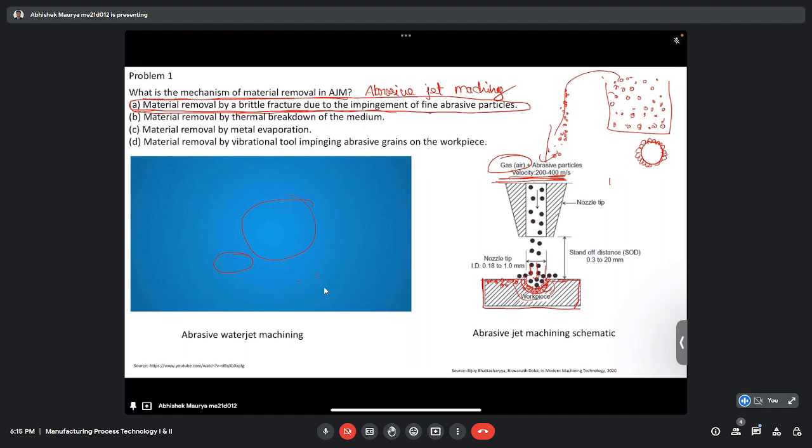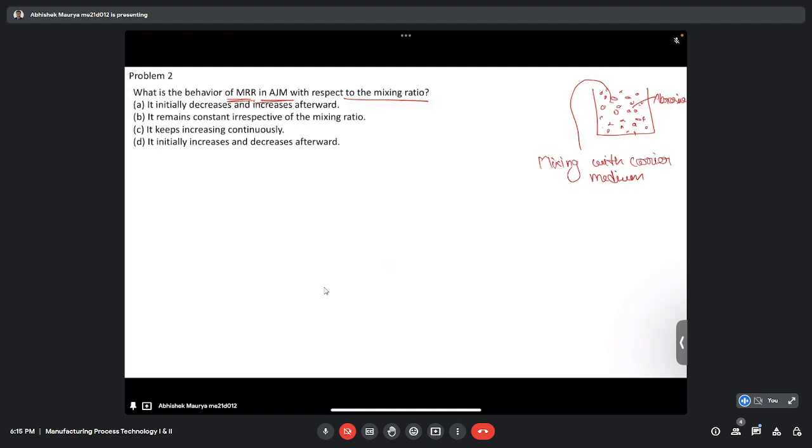In abrasive jet machining, as I told, we have abrasive, we have a carrier medium, and we mix it up and create a jet of abrasive plus carrier medium, so that we should get high-momentum abrasive particles, so that they could hit the material and locally fracture the material. So what is the mixing ratio?